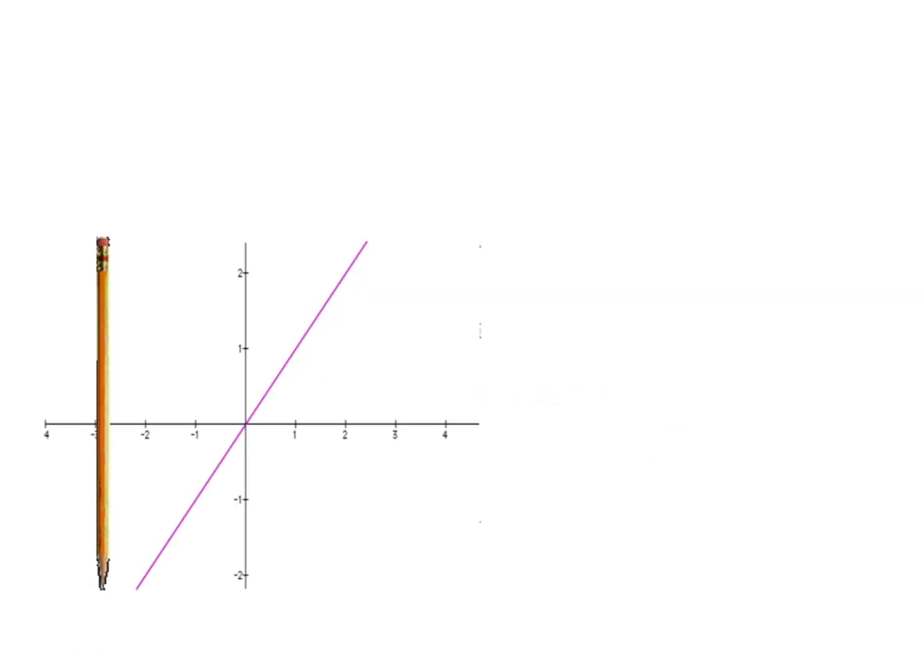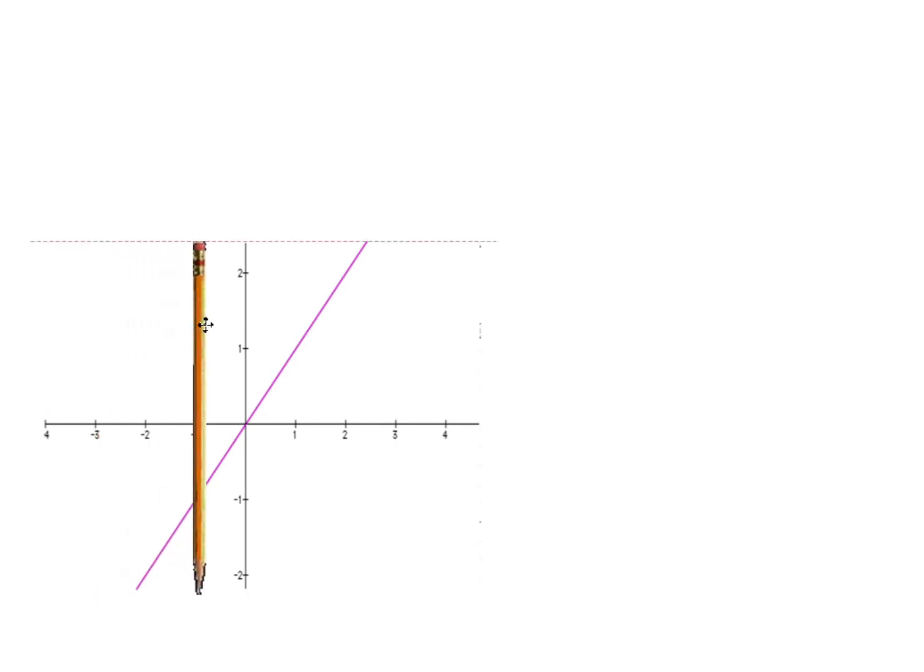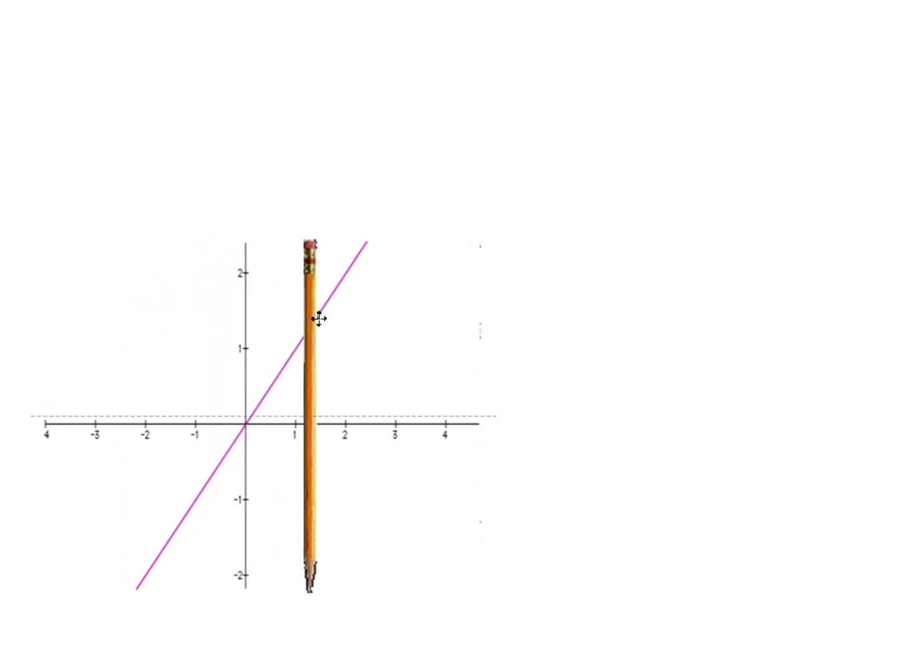In this given question, when we take a vertical line through the graph at any point, it passes through the graph at only one point. So this graph is a function.